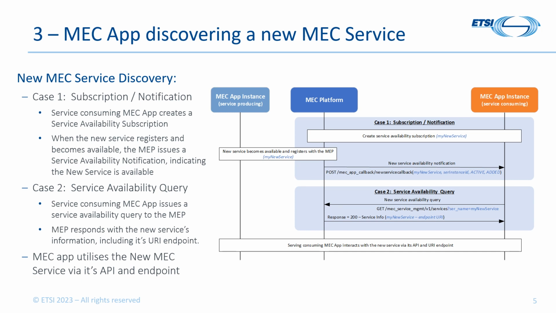When a new service registers and becomes available in the MEC system, like I previously showed, the MEC platform issues a notification indicating its availability. The second case is a query method. Here, the consuming MEC application issues an availability query to the MEC platform. The MEC platform responds with the new service's information, including its service endpoint. In either case, the MEC app can now utilize or consume the discovered service.